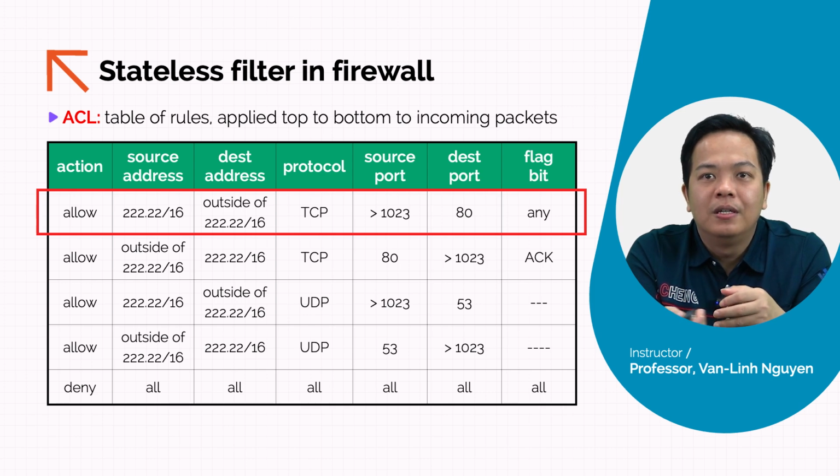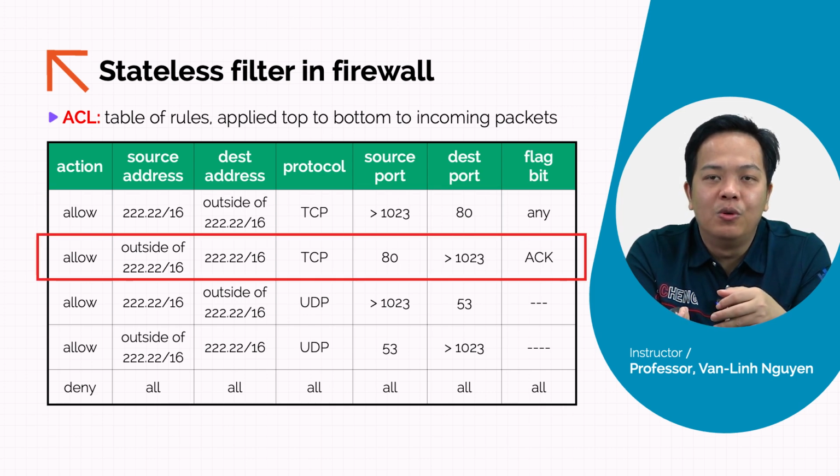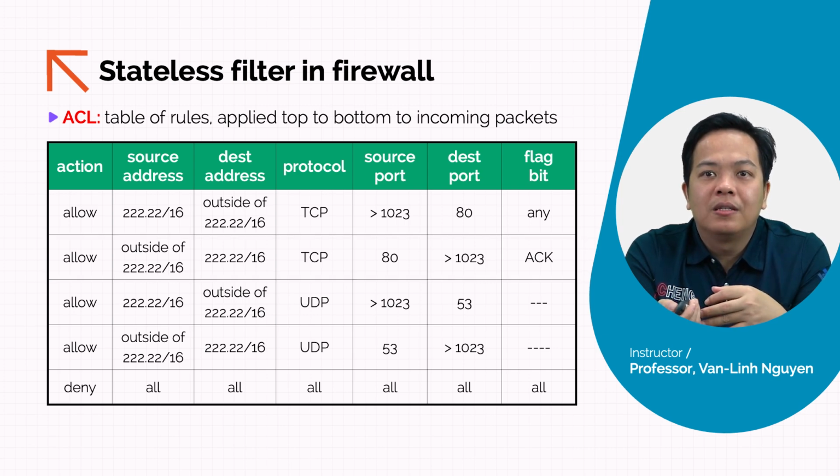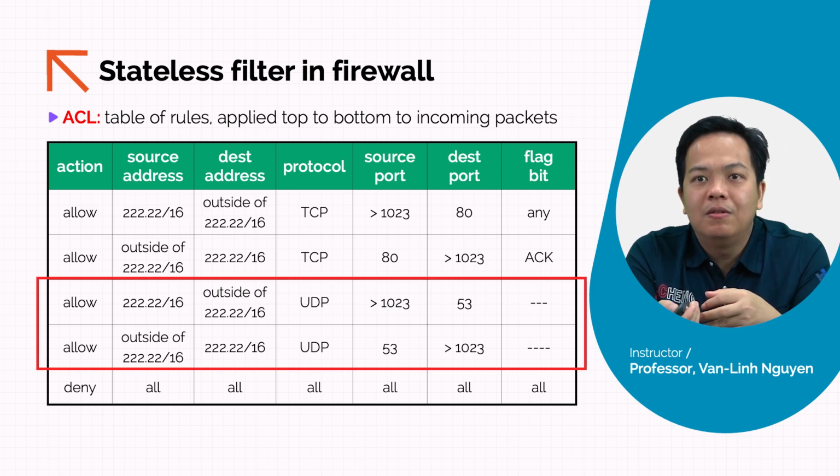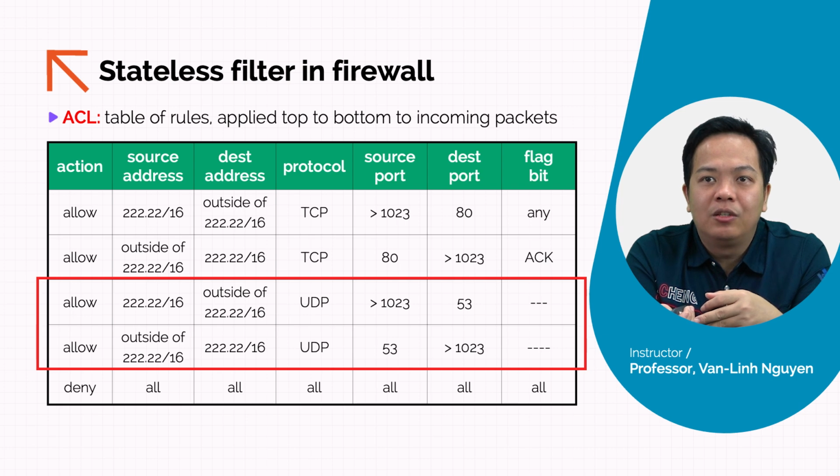So the first two rules allow web traffic. The next two allow UDP with destination port 53, which means DNS.